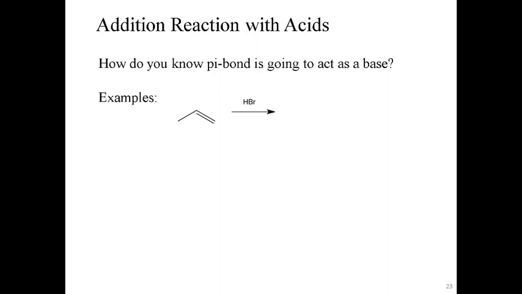What do we expect as a product? Addition, good. Why addition? We see a pi bond. So if we do an addition, what should happen to the pi bond? It should break.